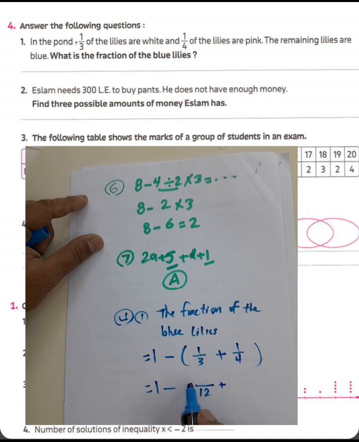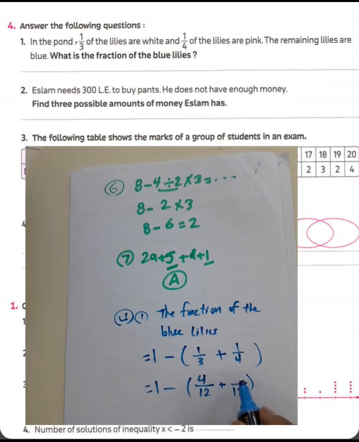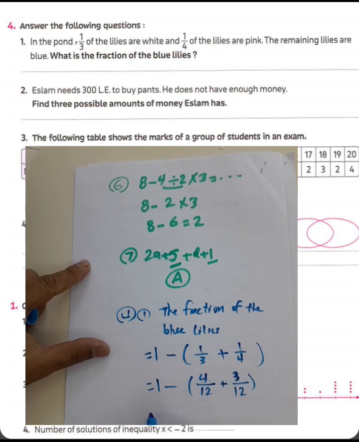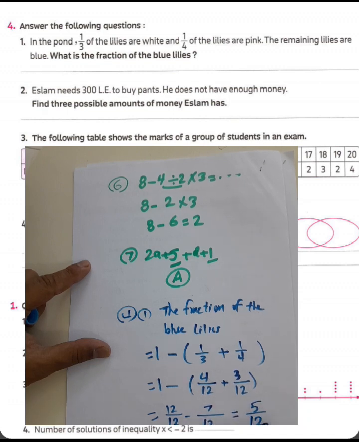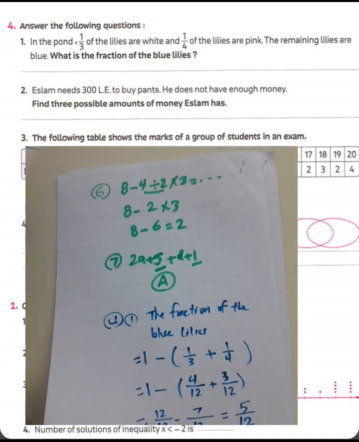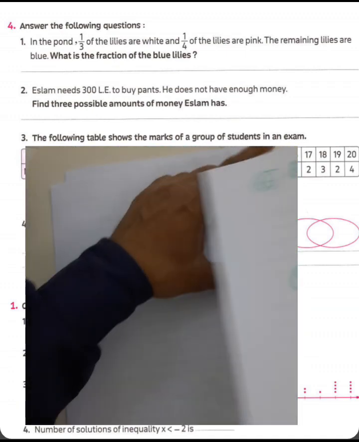Write the least common multiple of the two denominators, and 3 times 4 equals 12, 1 times 4 equals 4, 3 times 4 equals 12, and 3 times 1 equals 3. 1 will be 12 over 12. Subtract 4 plus 3 equals 7 over 12. The difference between them will be 5 over 12. It's the result of question number 4 and number 1. Next question, number 2.